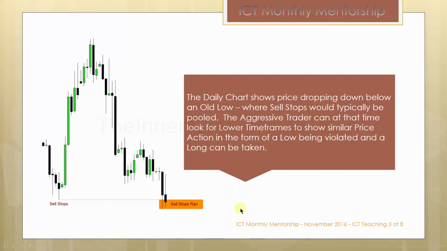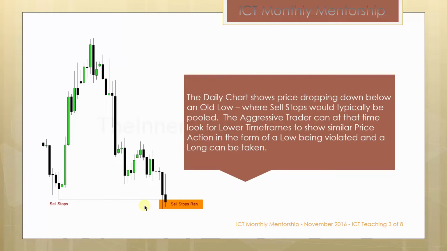an aggressive trader can see this as an opportunity to go into a lower time frame as that low is violated here, right on this candle. You can go into a lower time frame and look for a similar pattern, because price is fractal. That means everything you see on one time frame is replicable on the higher time frame and the lower time frame. So in other words, it's going to have a lot of similarity throughout all the time frames, because price is still price.